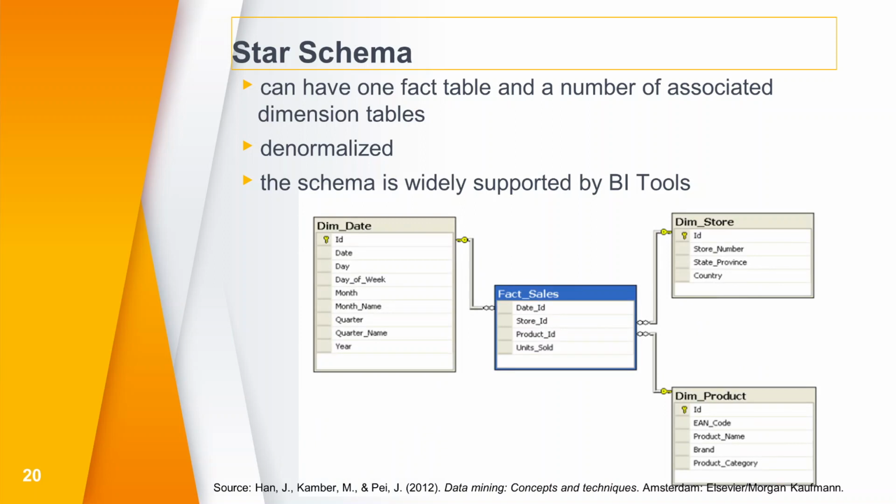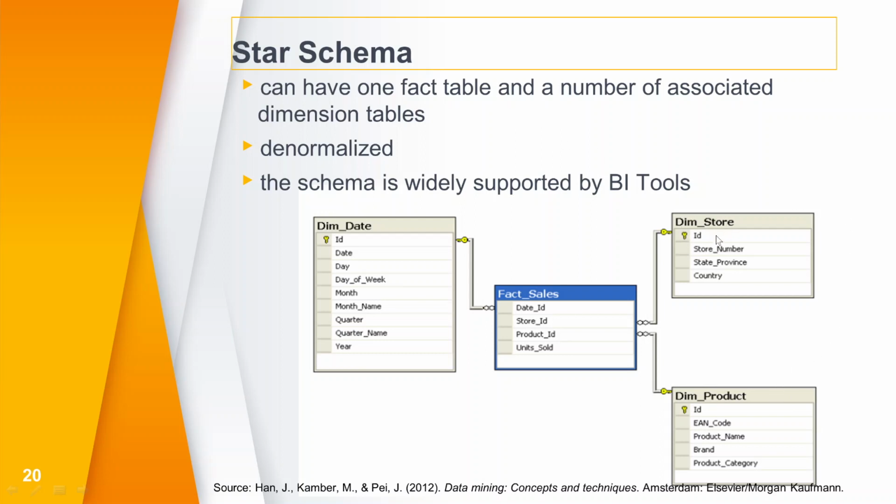In this particular example, we have a fact sale table considered as our fact table. Connected to this fact table are three different dimension tables: the dim date dimension, the dim store dimension, and the dim product dimension.